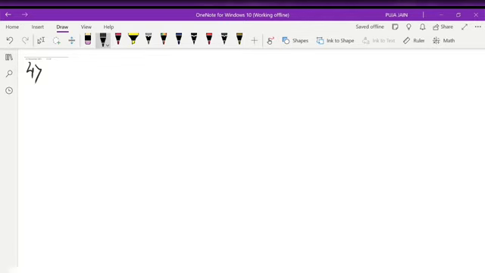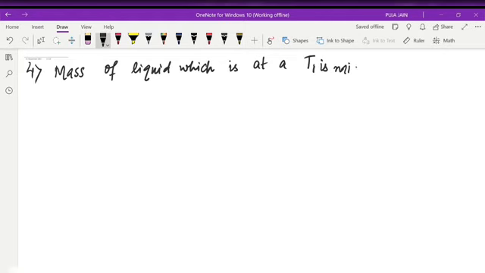Okay. The next question. A mass of liquid which is at a temperature T1 is mixed, I'm framing a question, okay? I hope you are understanding now what's happening.